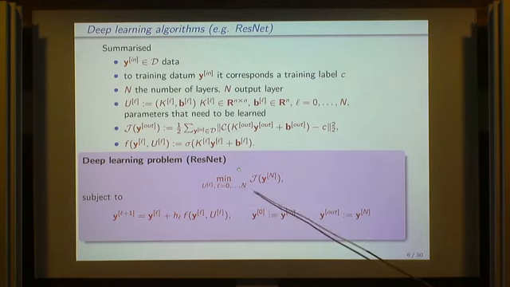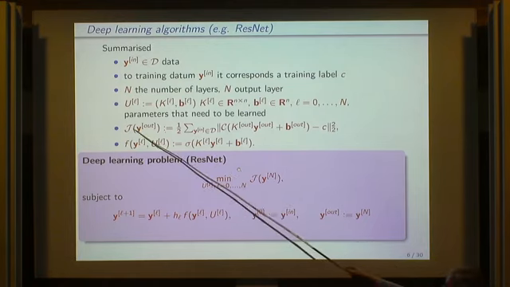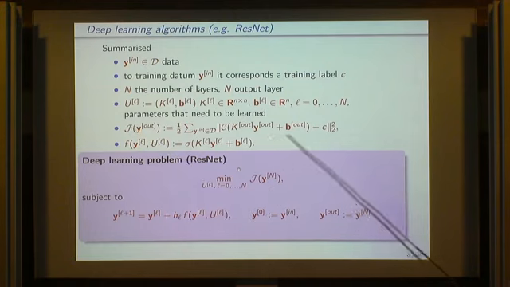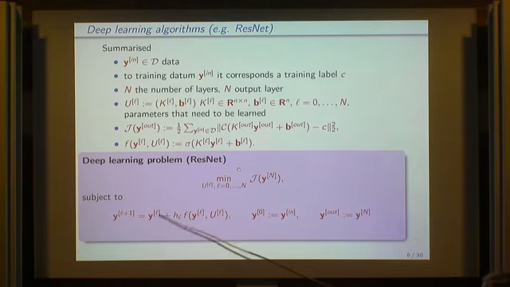Now I use this notation for the cost function for the whole sum, subject to this relationship here: these maps that go from layer to layer. The initial value is the input data, and once I have gone through all the layers, I will have my output data.